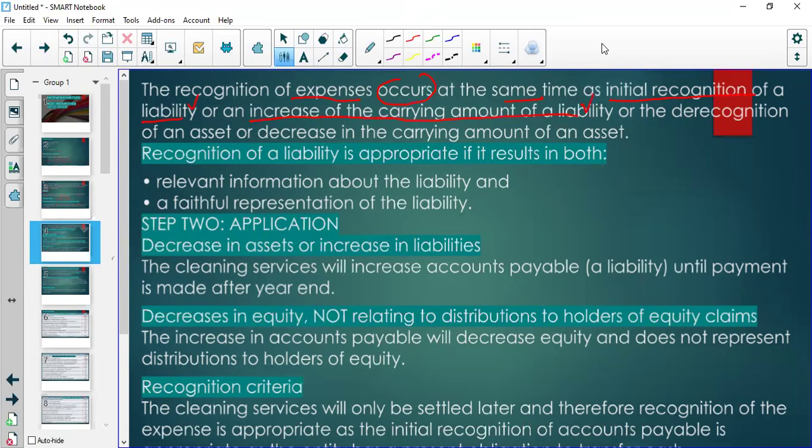So the recognition of a liability or an increase in its carrying amount will trigger the recognition of an expense.